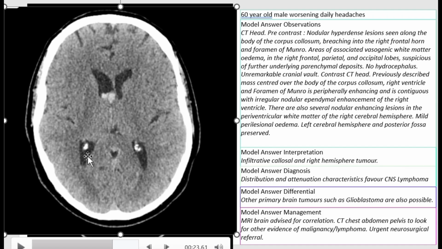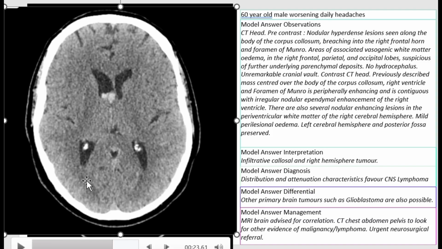Now, this is the occipital horn of the lateral ventricle, and this is the frontal horn. At this level, you will see all brain lobes. All the brain lobes will be seen at this level, okay? The frontal, the temporal, the parietal, and the occipital.